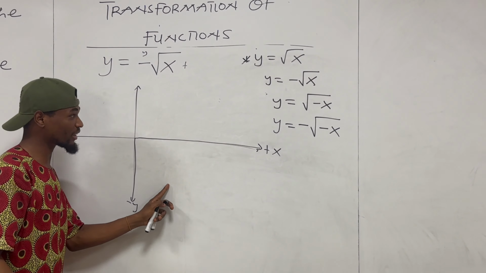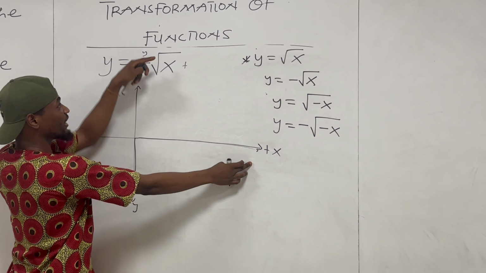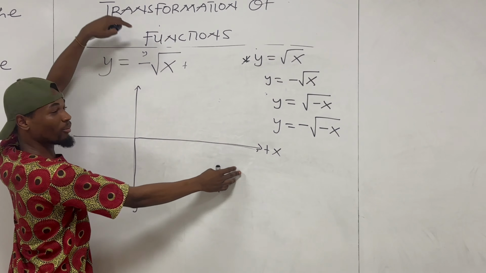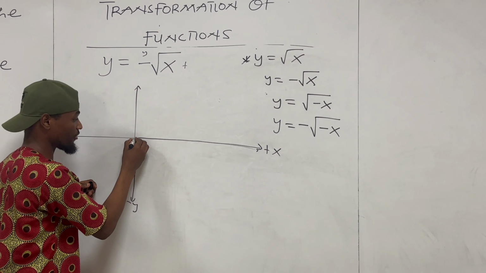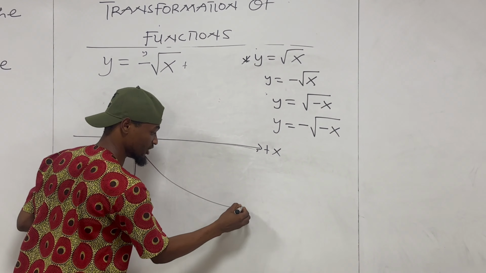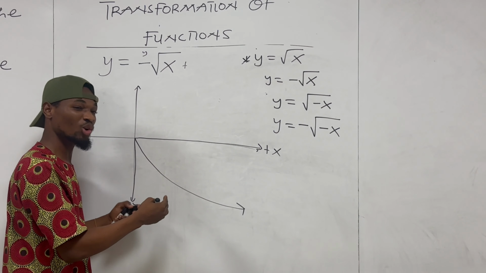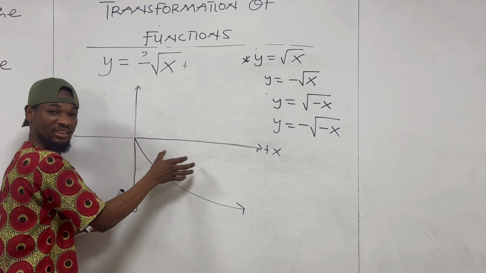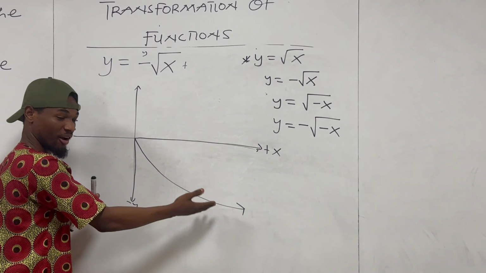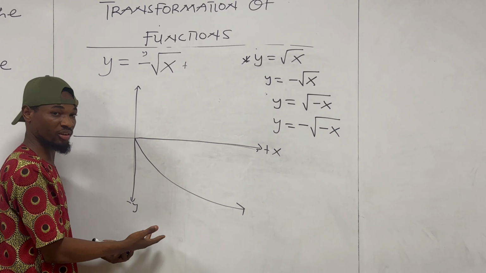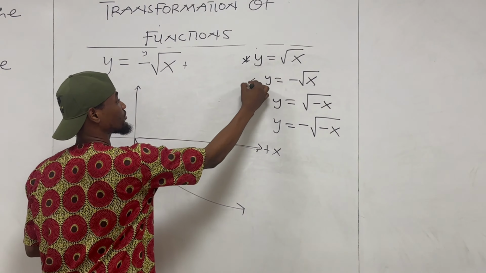I have positive x, and the negative y is telling me that I'm supposed to work within this zone. So I'll have my graph this way. The trick is so simple. It will help you to know where to graph them appropriately. Do you get that? So you are done with this.